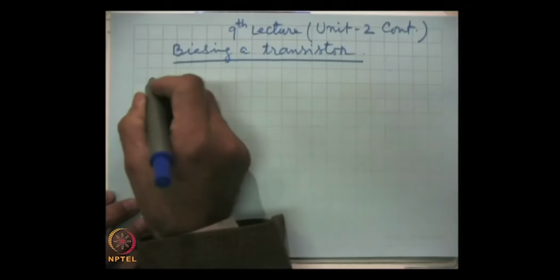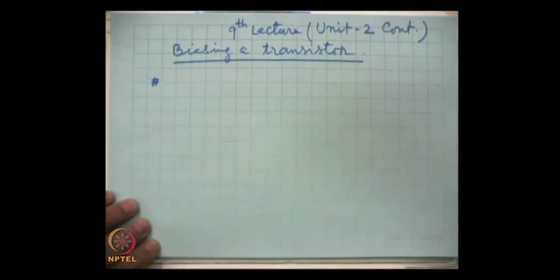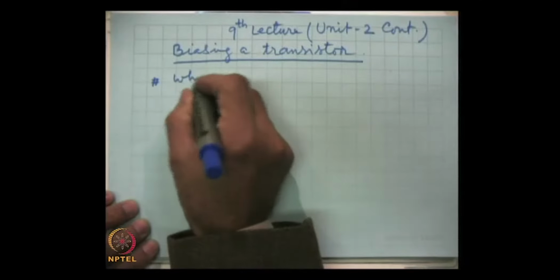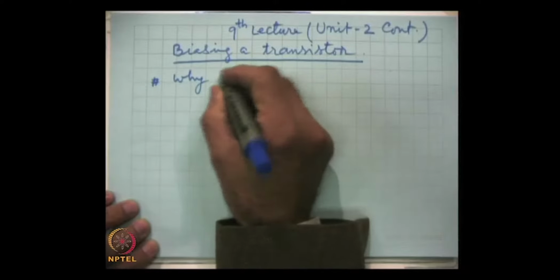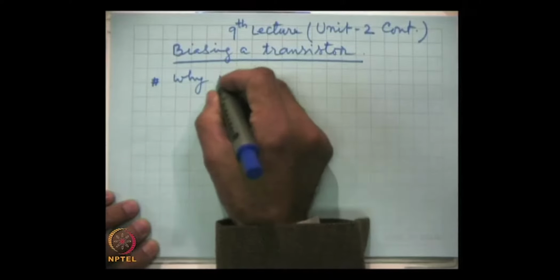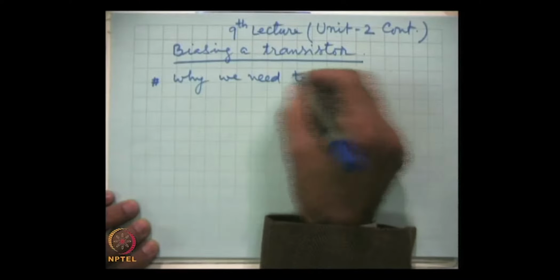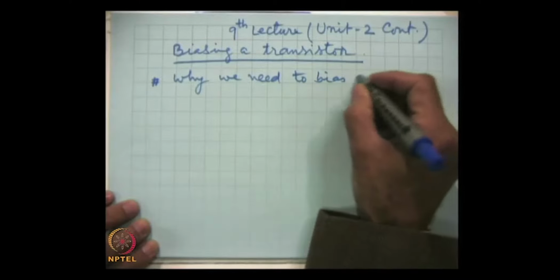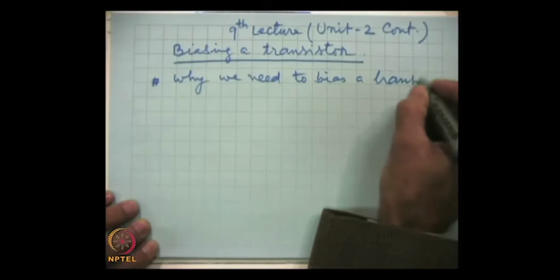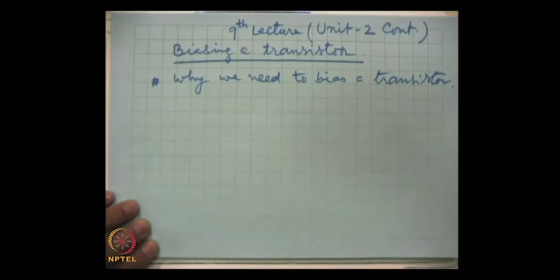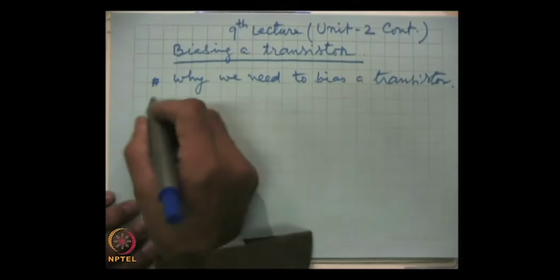Now, first thing is, let us answer a very pertinent and important question, why do we need biasing? And then how do we bias?